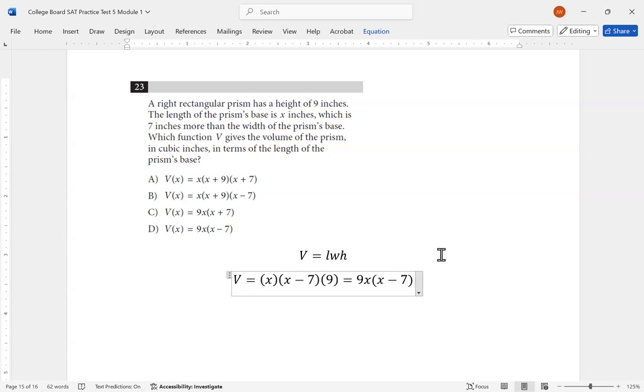And so D is the final answer. Again, the key there is seeing that the length is x, which is 7 more than the width, so the width is 7 less than the length, or 7 less than x.